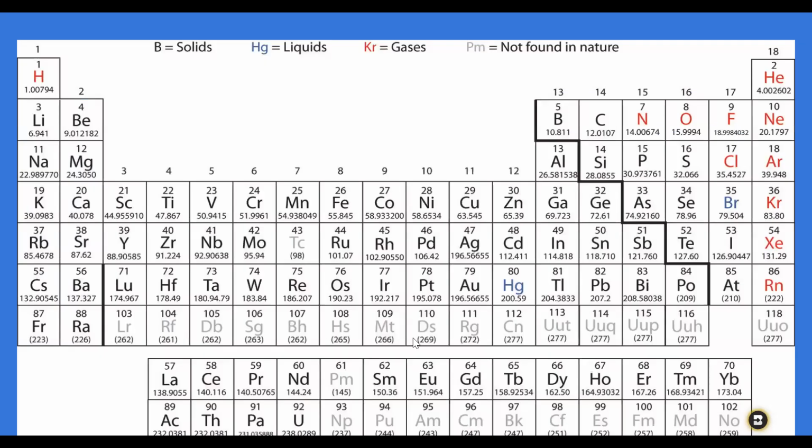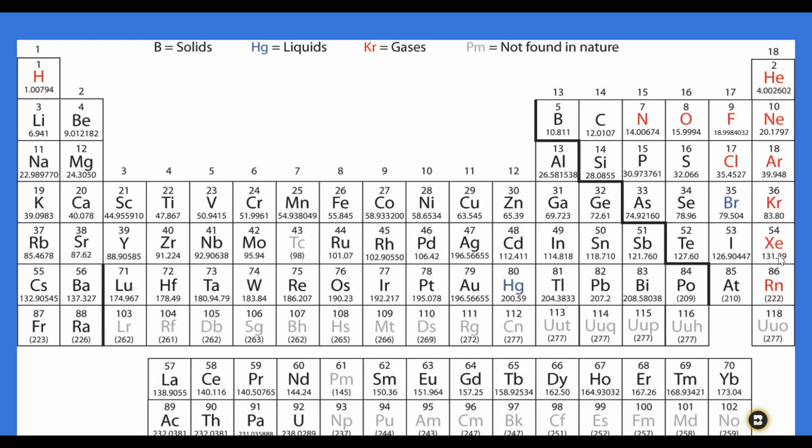So let's look again at this periodic table. The key is telling us which ones are solids. Most of the elements are solids. There are only two elements that are liquids in the periodic table: mercury and bromine. Then the ones in red are the gases.